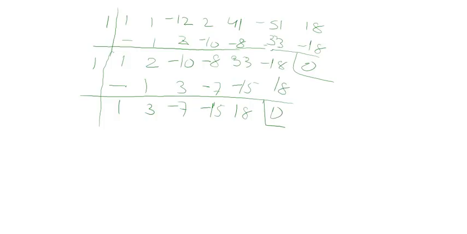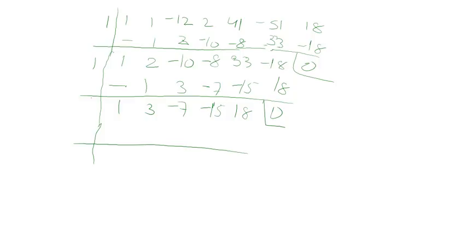This is the coefficient of x power 4, now reduced by 2. Again, if you see, minus 15 plus minus 7 is minus 22, and 18 plus 3 plus 1 is 22.